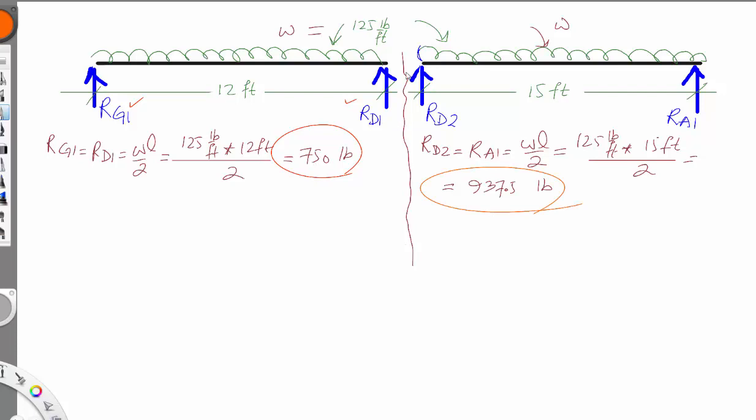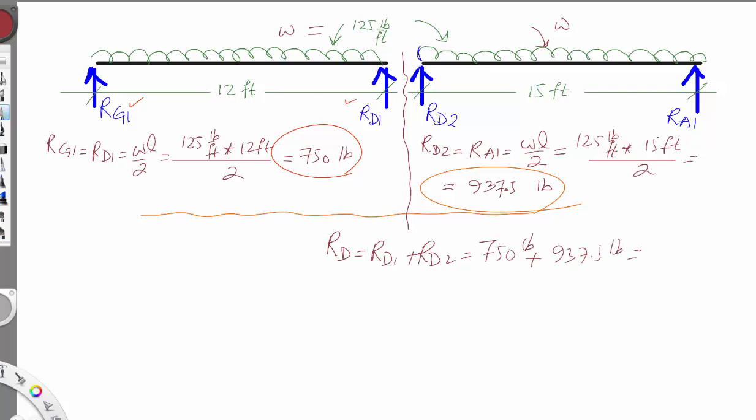As we have learned from the previous example, the reaction at D will be the combination of both RD1 and RD2. So RD is equal to RD1 plus RD2, which is 750 pounds plus 937.5 pounds, and the answer, I will ignore the decimal, is 1687 pounds.